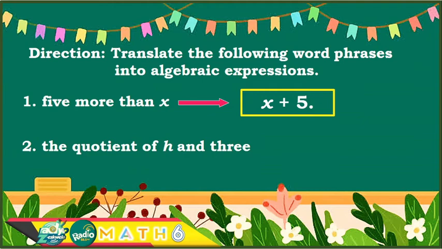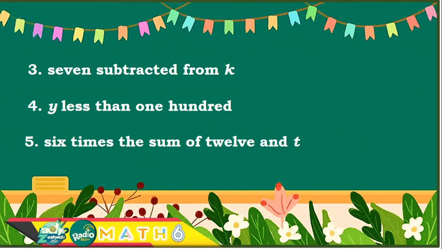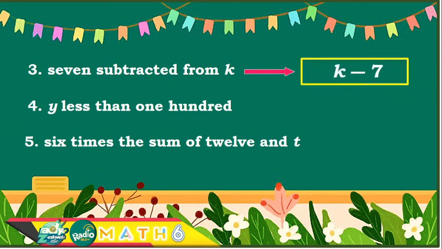For item number 2, the quotient of h and 3 can be translated as, correct, h divided by 3 or h over 3. For item number 3, 7 subtracted from k can be translated as, you got it right, it's k minus 7.